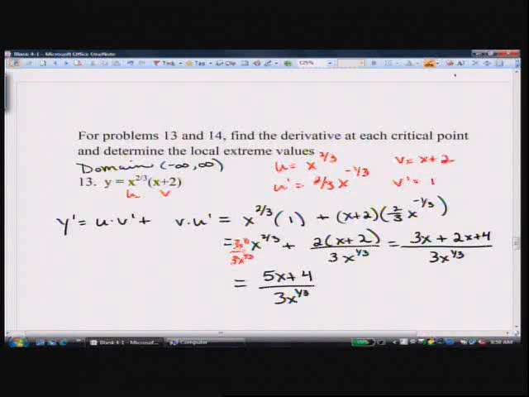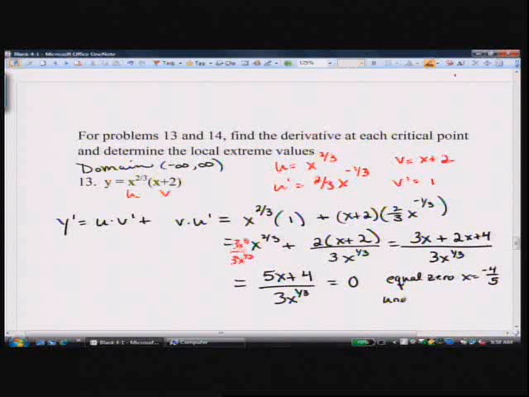Okay? And remember, you want to see when this is equal to 0 and when it's undefined. So when is it equal to 0? It equals 0 at x equals -4/5, right? Because you just take the numerator and set it equal to 0.